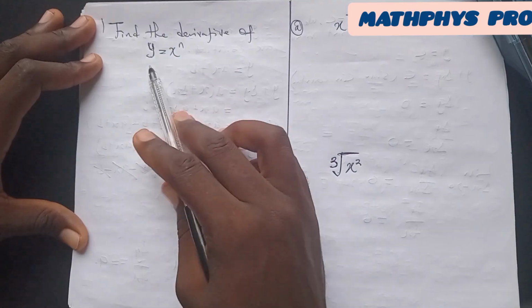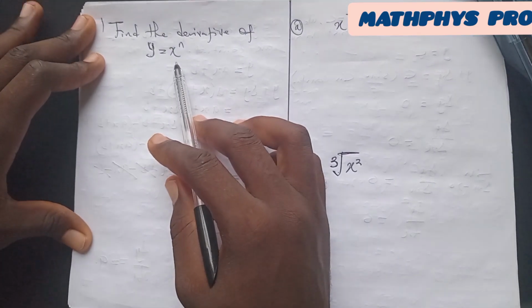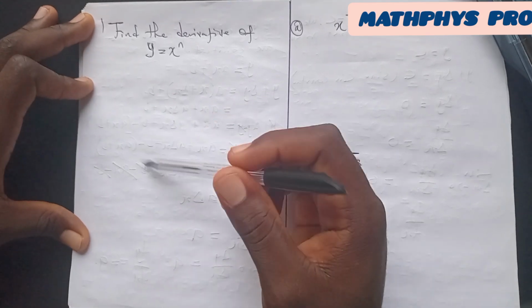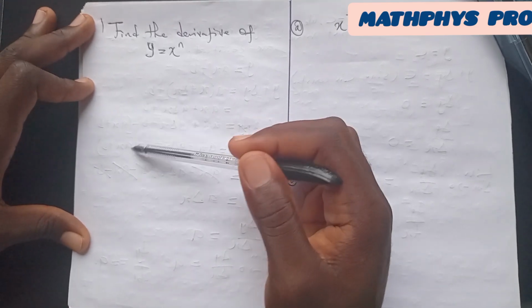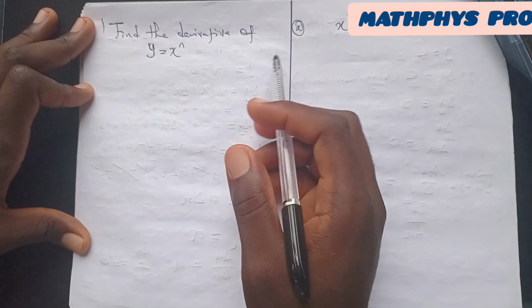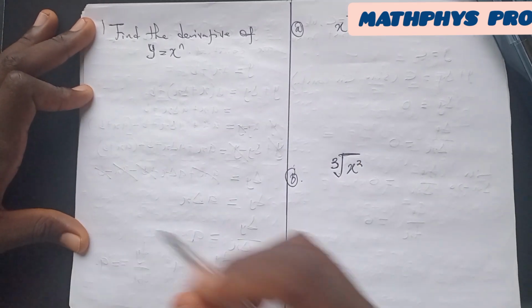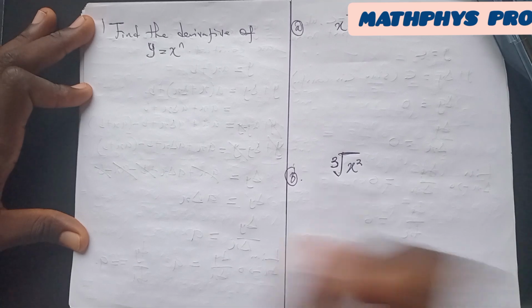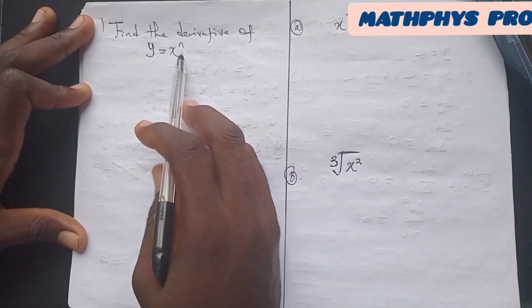Remember, the derivative of y equals x raised to power n. If we find this derivative using first principle, this will lead us to a formula called the general rule. The question says y equals x raised to power n.